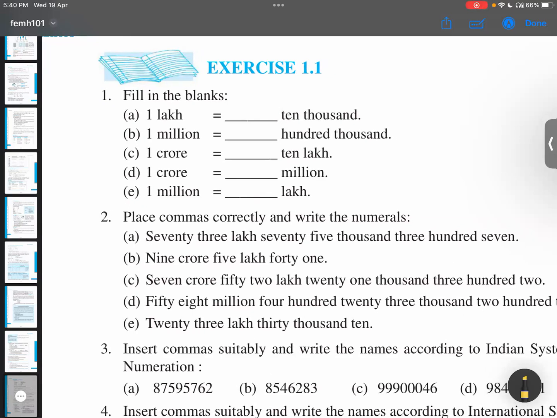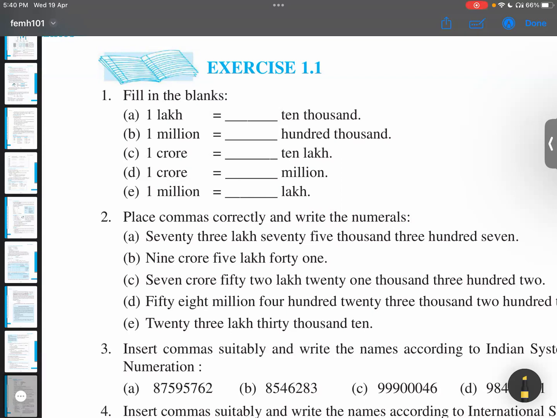I'll just do some calculation. Okay, take your time. You can do some calculation in rough. So there are five zeros in lakhs, right?